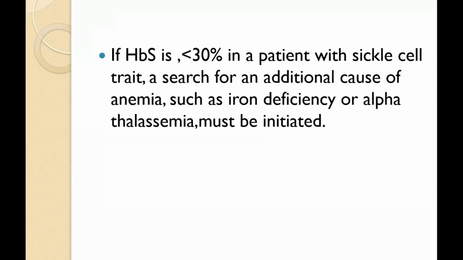If it is less than 30%, it is either iron deficiency associated or associated alpha thalassemia. This type of picture is very commonly observed in Odisha and Jamshedpur, etc., this Chhattisgarh area.